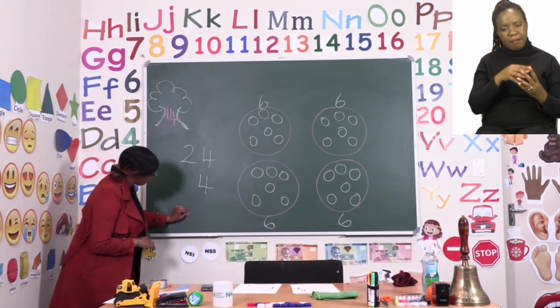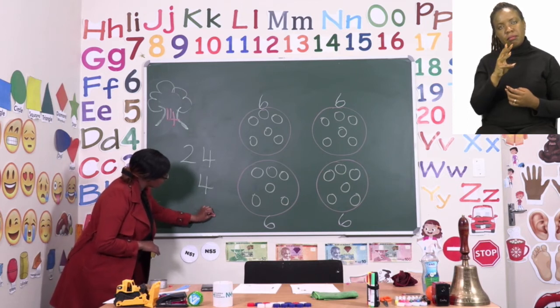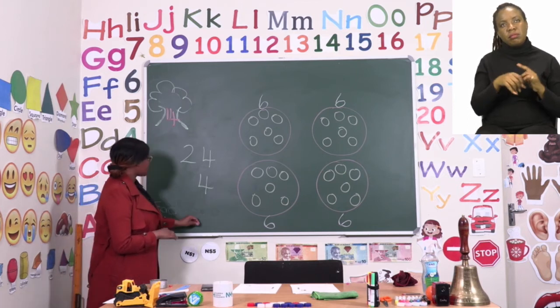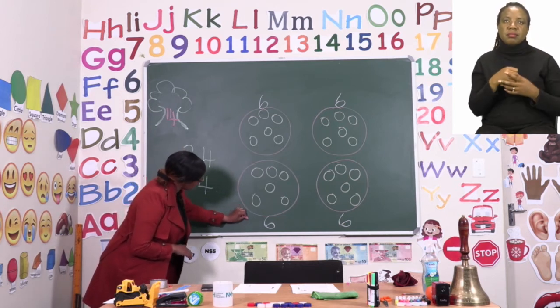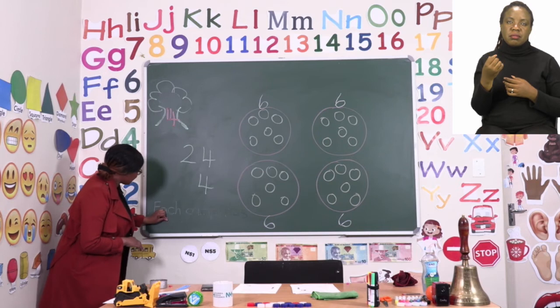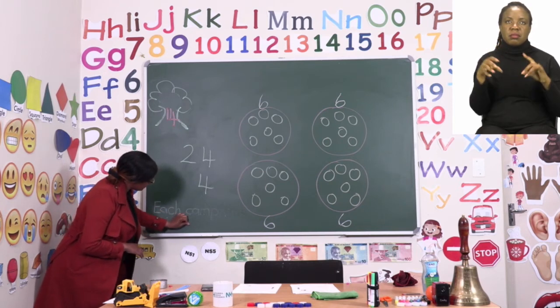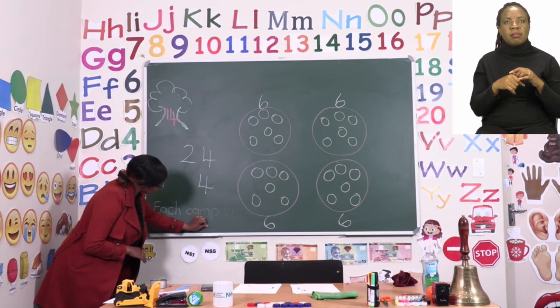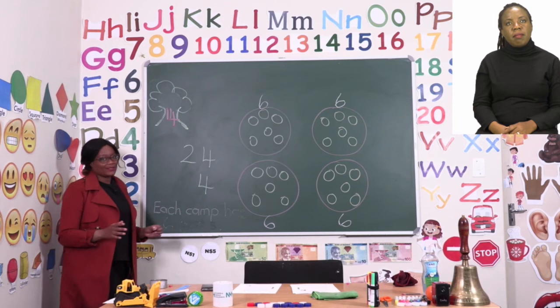Each camp, there we go. We are writing the sentence so that you can see what it looks like. Each camp has, and then we write the number 6 goats. There we go. So now we have solved our problem.